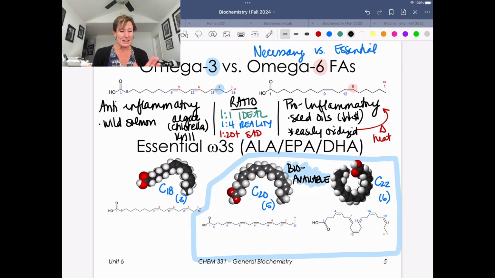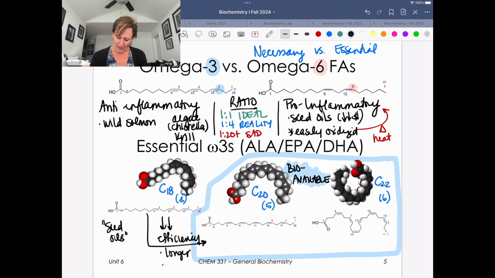So we get C18 omega-3s. We can get these from seed oils. And truthfully, we do have the ability to do this conversion, okay? But very low efficiency of this conversion, okay? And highlighting what that conversion is, we make them longer, and then we increase the number of double bonds.